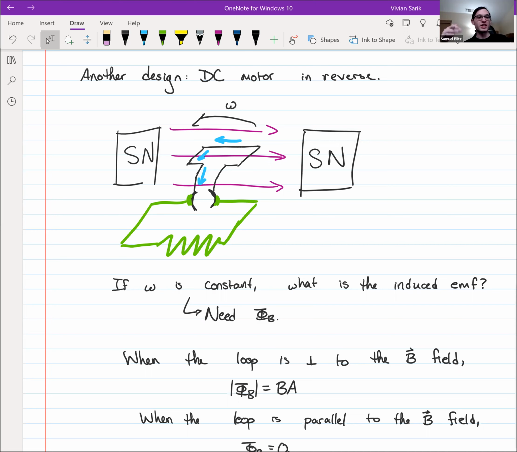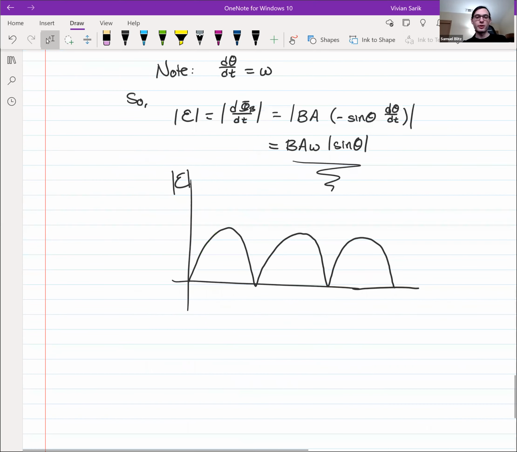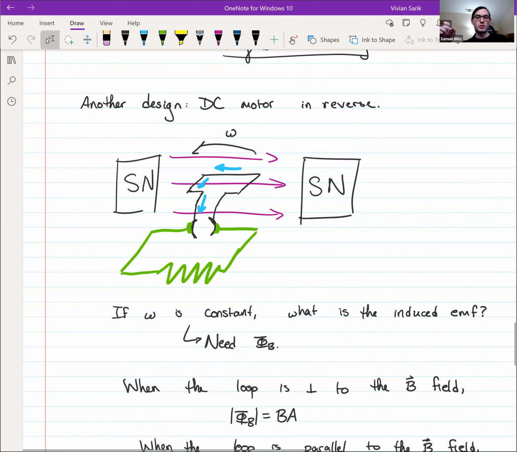And so similarly, in a generator, the current in the wire produces a torque. So in the generator, the induced current produces its own magnetic field, and that magnetic field produces a torque between these two magnets.